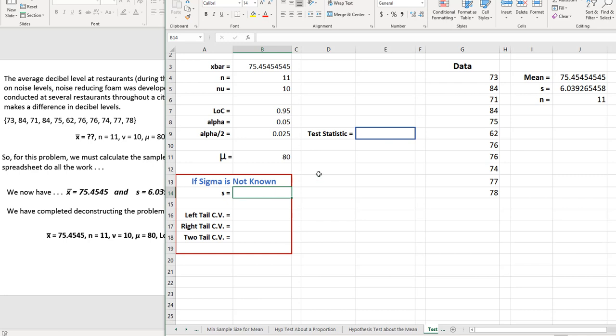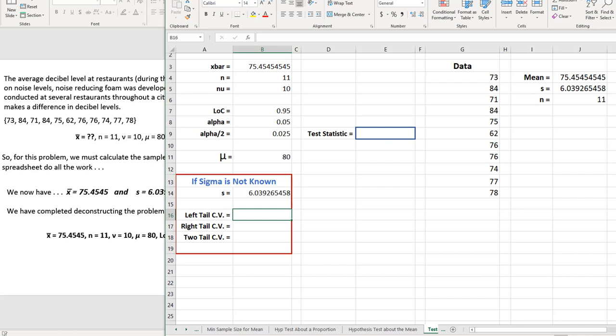This S is taken directly from this here. That was a calculated value. I'll just type in equals and direct cell reference that. Remember, if we are testing means and sigma is not known, the correct sampling distribution happens to be the t distribution.